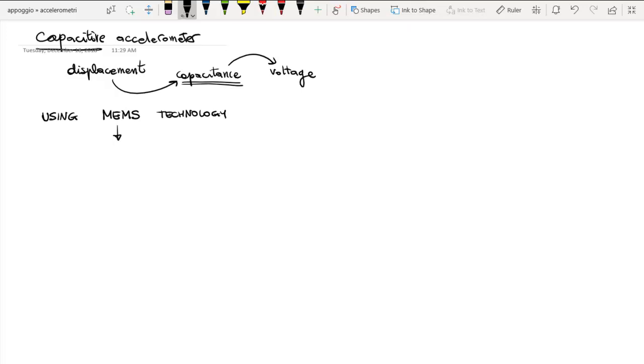MEMS is an acronym that stands for microelectromechanical systems, and it's basically a technology that allows to fabricate mechanical things and electrical things at a microscopic scale on a silicon wafer, using more or less the same technology that we use for the fabrication of silicon devices.